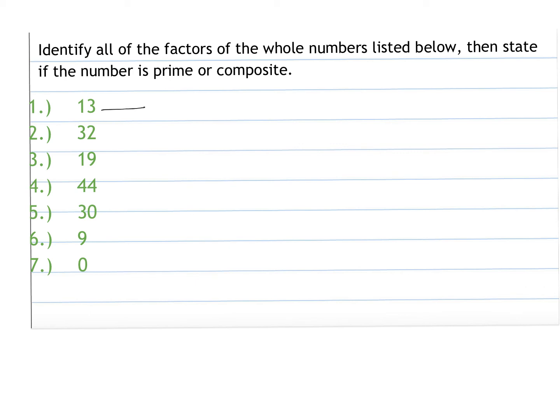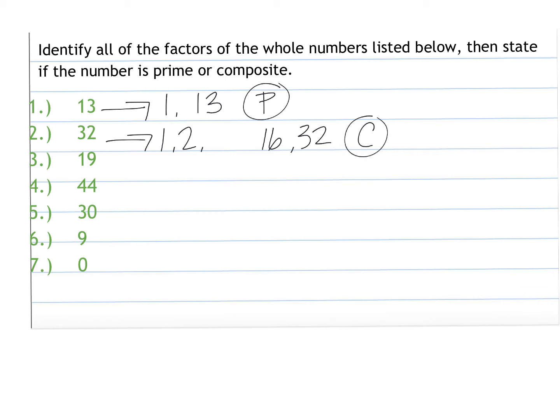So 13, I know that the factors are 1 and 13, so it's prime. 32, I know it's 1, 32, 2 and 16. So right away, I already know it's composite, but I'm going to finish with my factors, 4 and 8. Notice how when I do my factors, they're in order from least to greatest with their pairs on opposite sides. 19 is just 1 and 19, so that's prime.